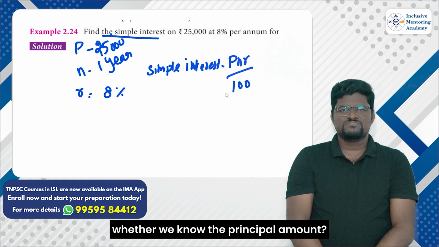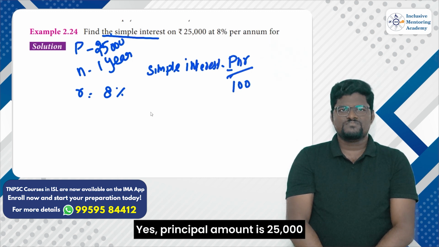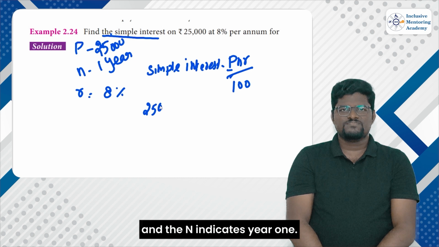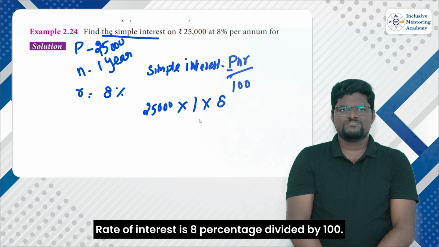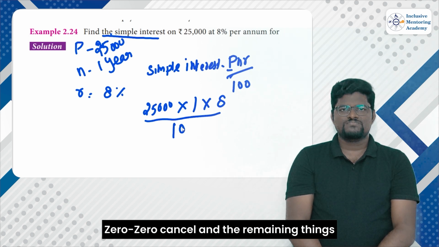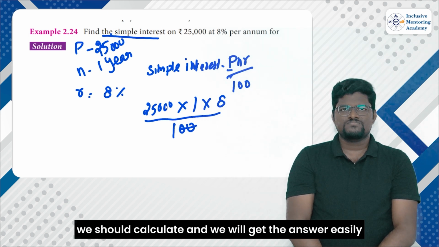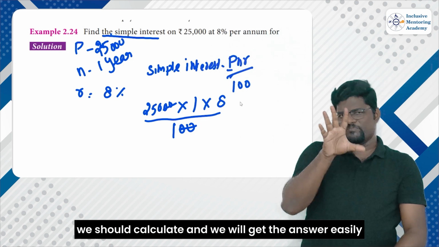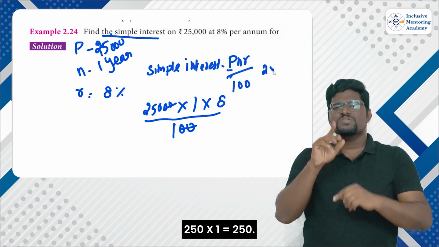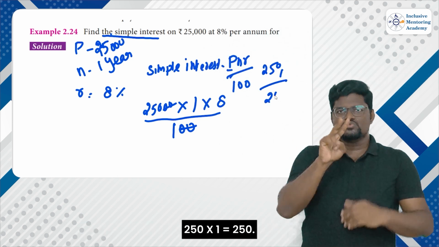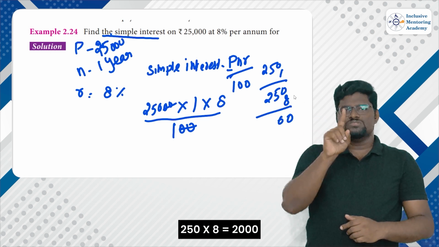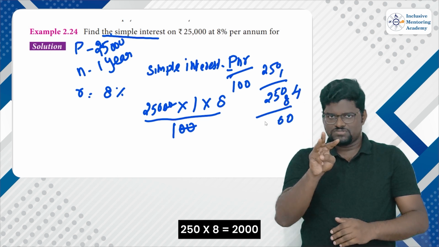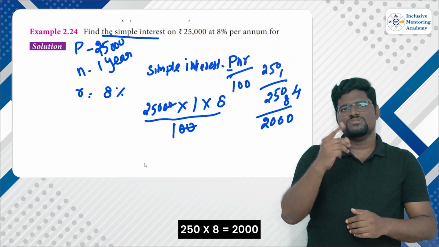The principal amount is 25,000, and N indicates year, 1 year, and R indicates rate of interest, 8%, divided by 100. The two zeros cancel. Remaining things we calculate: 250 into 1 is 250, 250 into 8 is 2000.